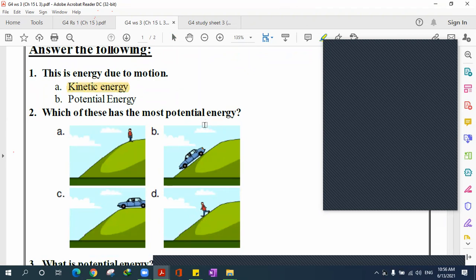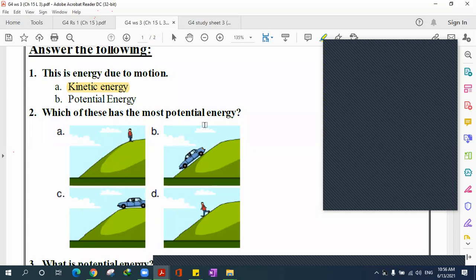Okay, now Abdurrahman Karim. Do we have Abdurrahman Karim? Yes, I'm here. Which of these has the most potential energy? A, B, C, or D? C. Yes, C has the most potential energy because the car is standing up there.